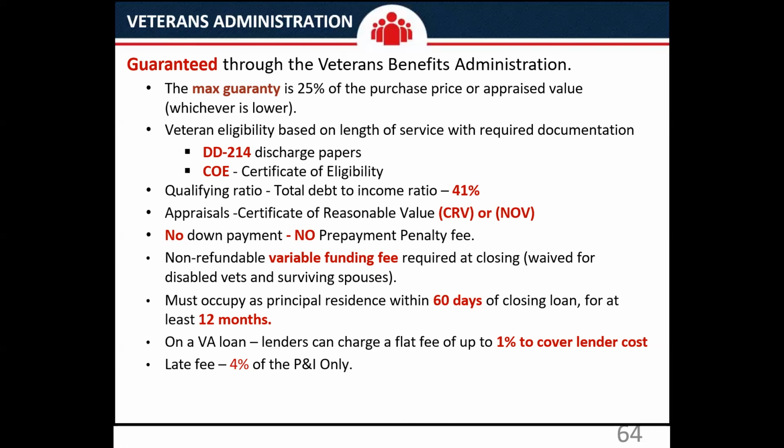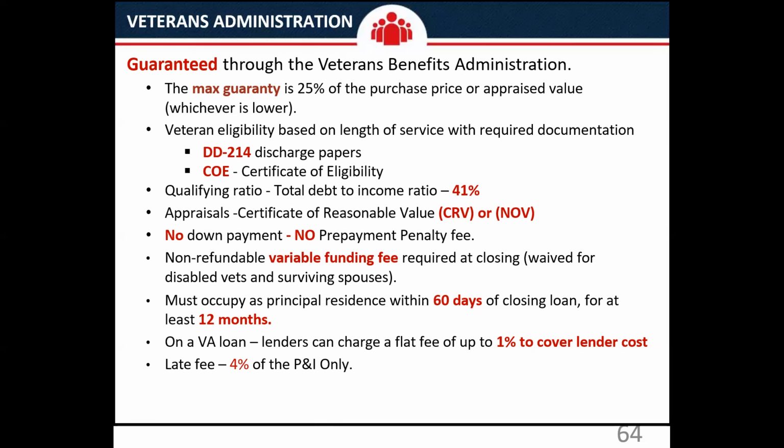Variable means the fee can change based on the amount of the property. It's waived for disabled veterans, or it could be waived for surviving spouses of veterans. They also want the veteran to occupy the principal residence within 60 days of the closing, and they want you to stay there for 12 months.